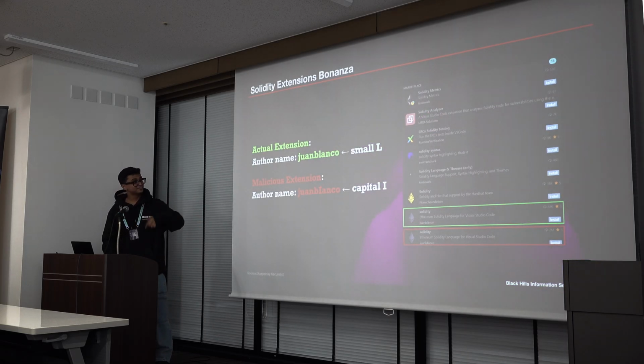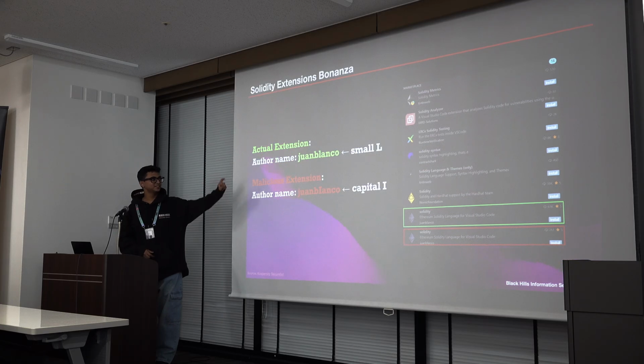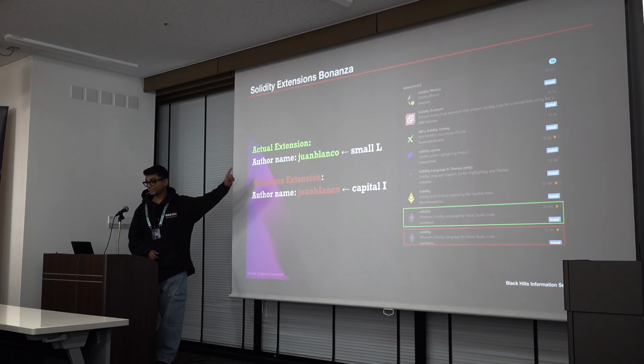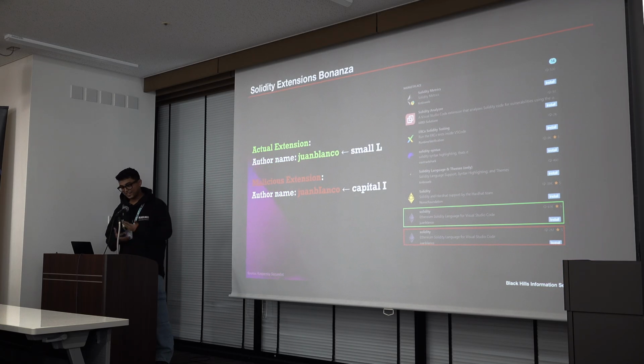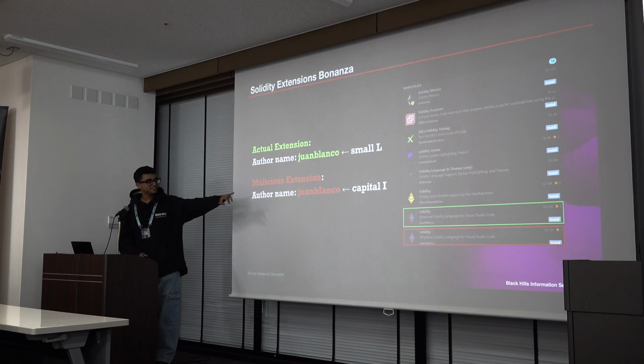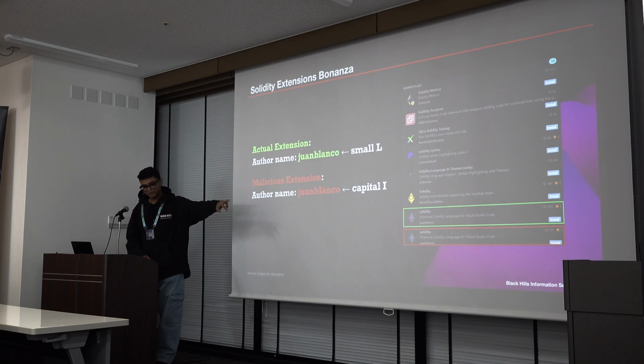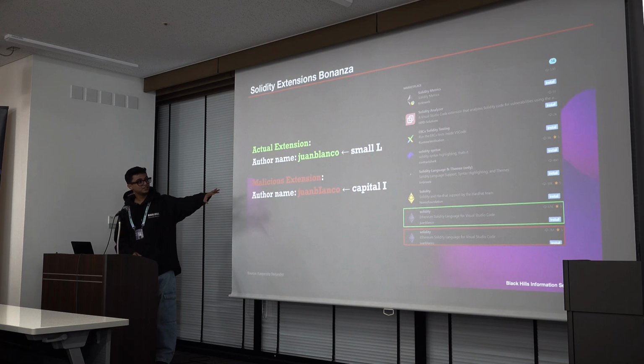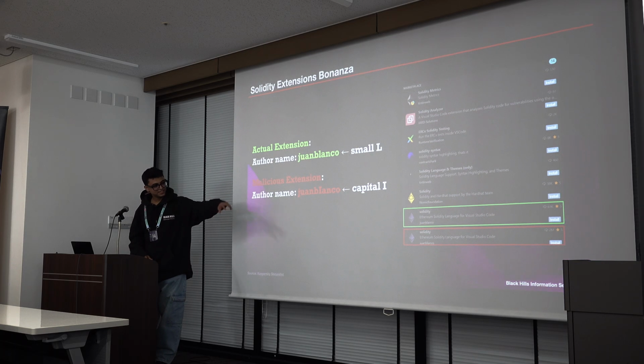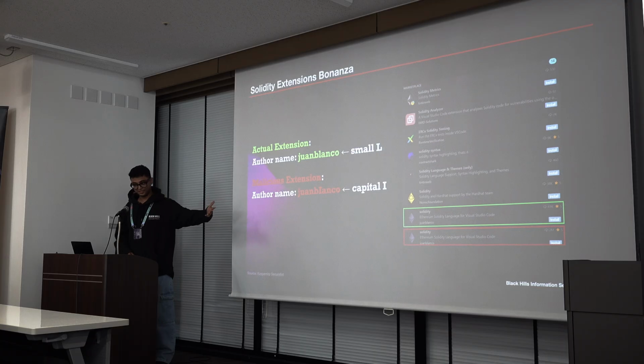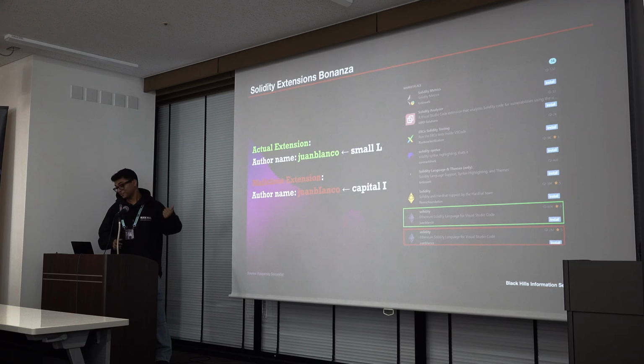This developer tried to propagate another malware using the same techniques, but this time they did something really interesting. In the original extension, the author's name is Juan Blanco with a small l. What they try to do is go around that by replacing the small l with a capital I, which, if you look at the Cursor extension page, looks very similar because of the font they use. So they did not give up.